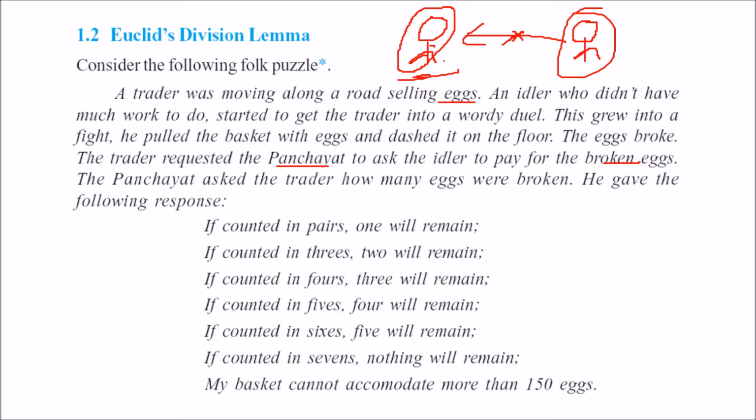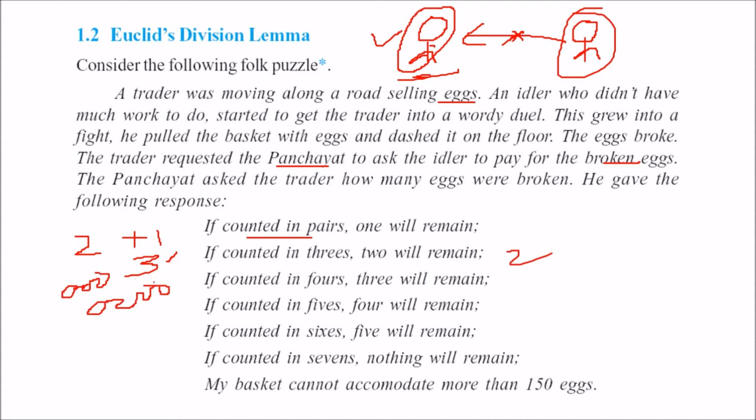The panchayat asks, okay, please explain how many eggs are broken. So the way this gentleman explains is like this. He says, if counted in pairs, meaning 2, 1 will remain. If counted in 3s, meaning partitions of 3 eggs, 2 will remain.